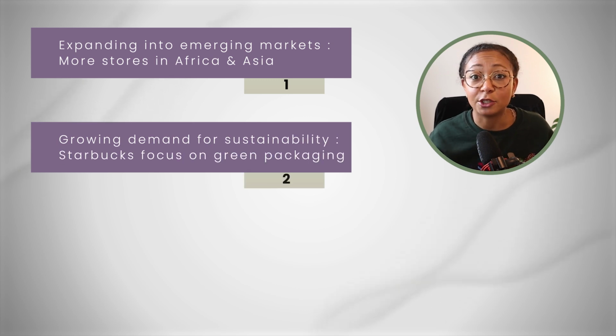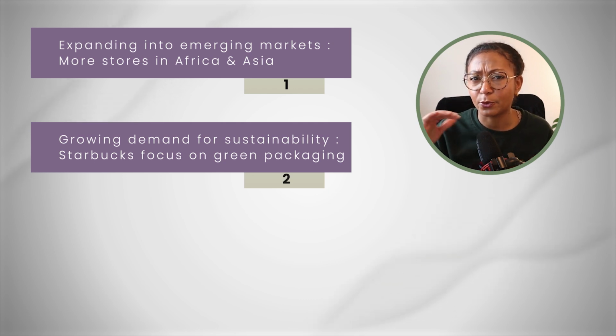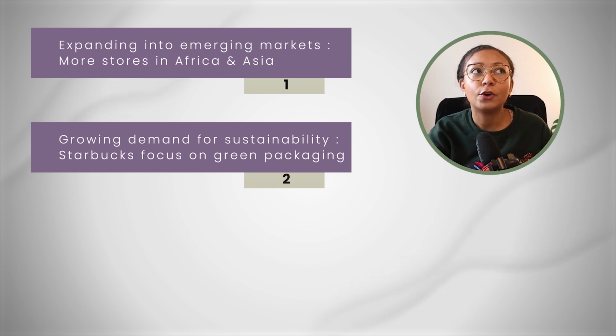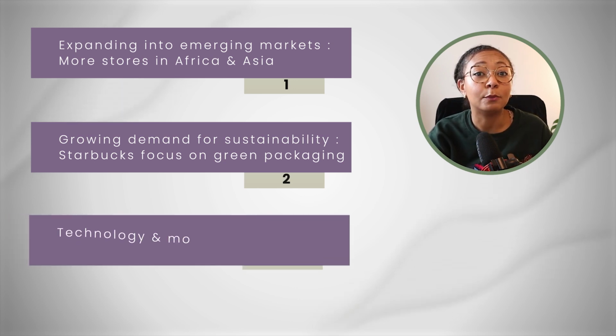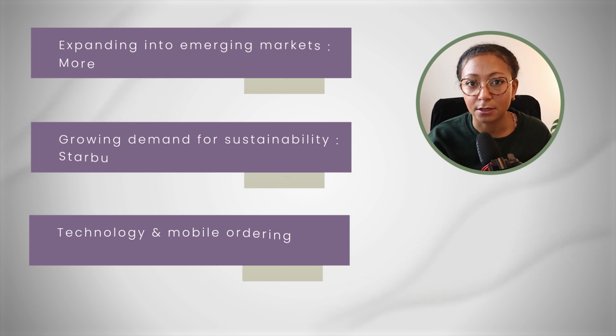You can see everybody's looking towards sustainable products. So Starbucks can focus on eco-friendly packaging, which I think they already do by providing those cups that you can reuse. And then a fourth one could be technology and mobile ordering. More customers are using apps for convenience, right? So by spotting opportunities early, a business can stay ahead of its competitors.